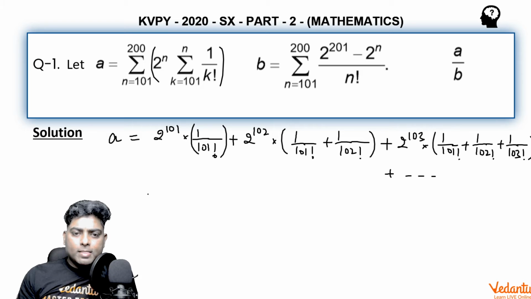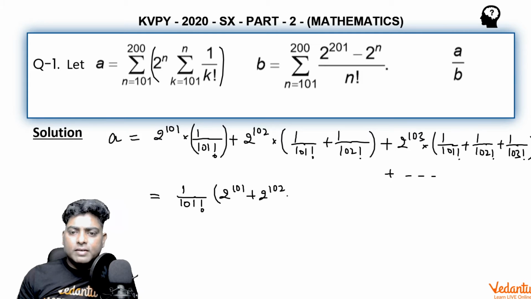So if you start collecting terms, 101 factorial is coming with 2 raised power 101 plus 2 raised power 102, the very first term of every bracket, 2 raised power 103, till the last would be 2 raised power 200.